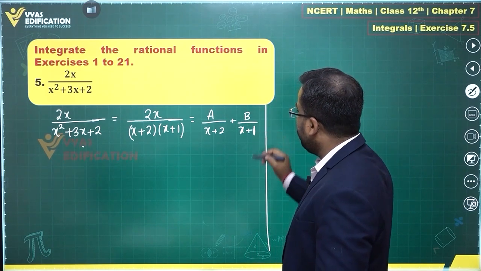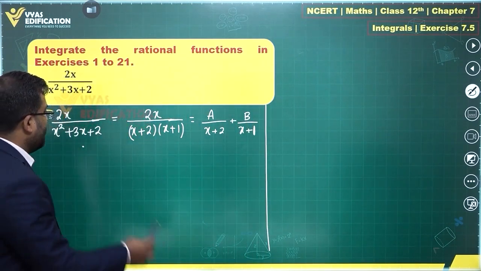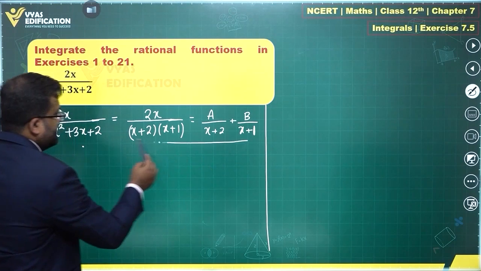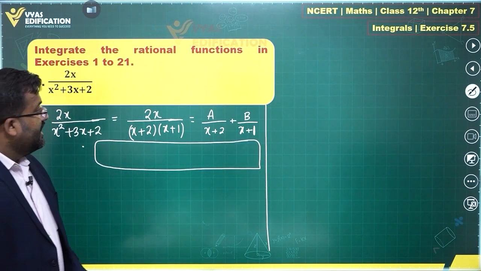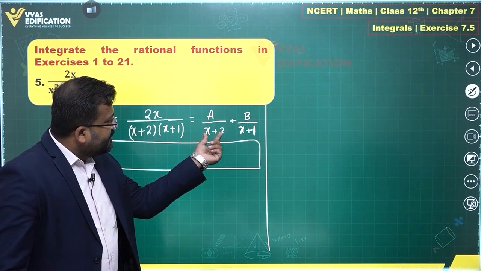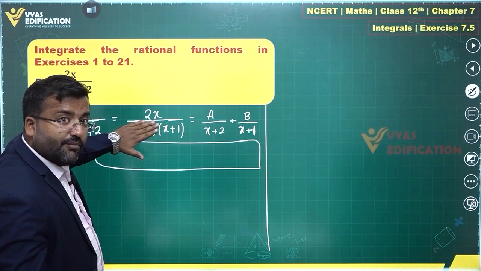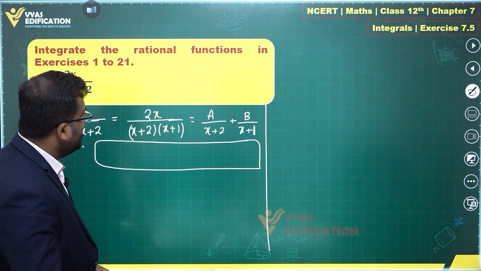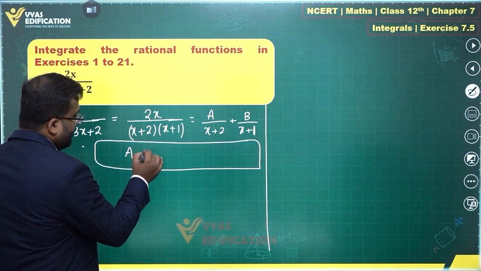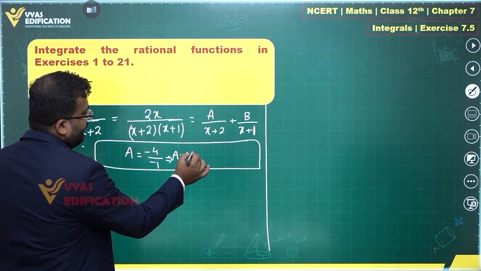What about the values of a and b? We need some shortcuts. We have some shortcuts for finding the values of a and b. So for a, you'll have to substitute x equal to minus 2 over here by removing this. So x equal to minus 2, this becomes minus 4, and minus 2 plus 1, which is minus 1, that tells me a equals 4.